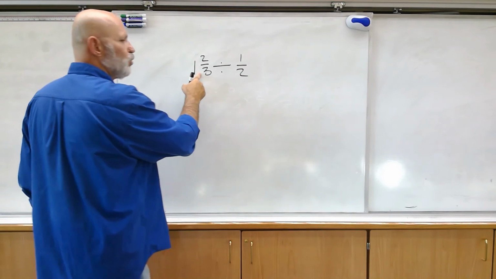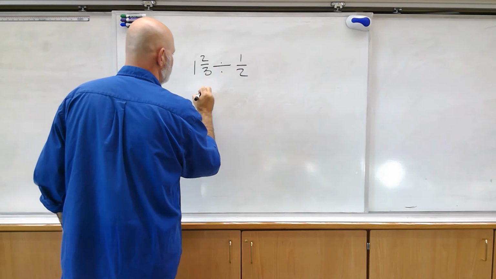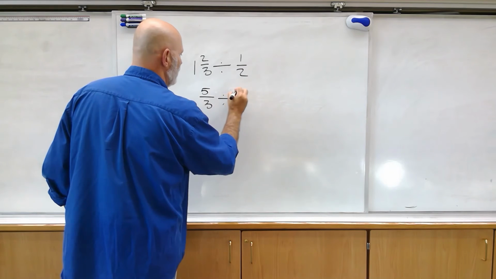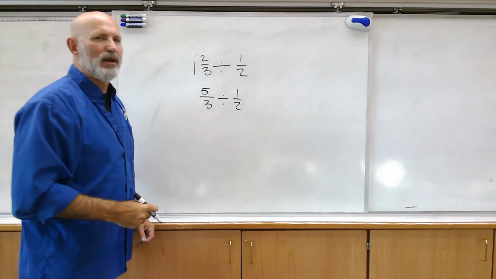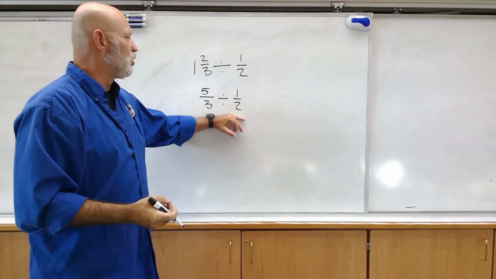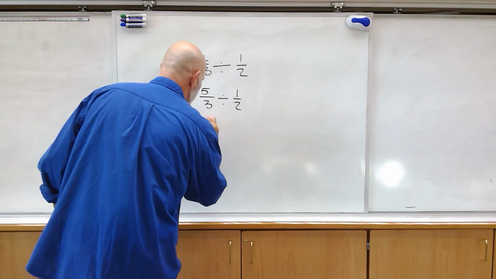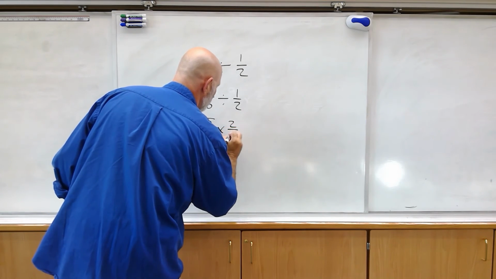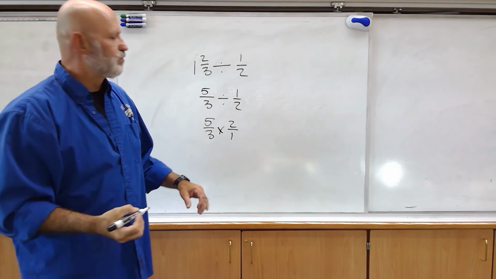So 3 times 1 is 3 plus 2 is 5 over 3, and then I'm going to divide that by 1/2. Well, I don't really divide, right? I just multiply. So 5/3 multiplied by 2/1, or 2.